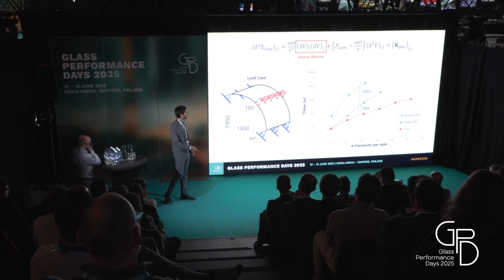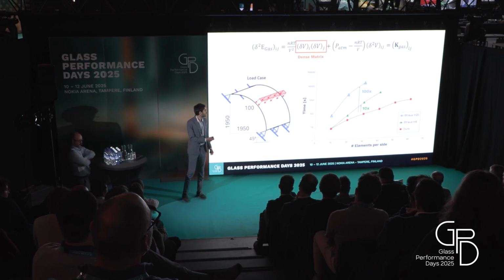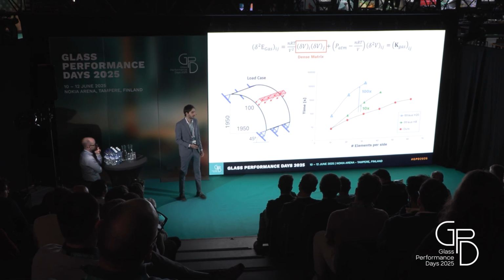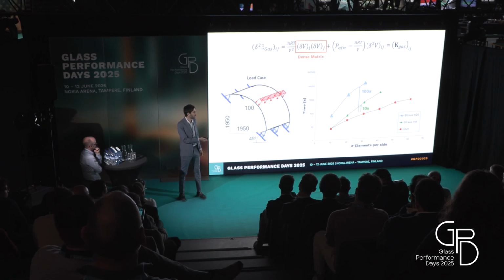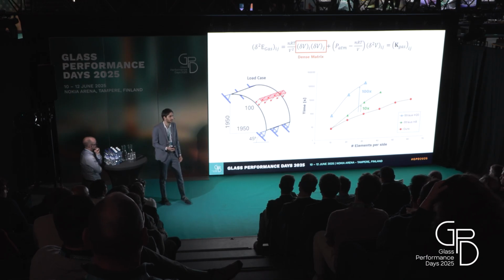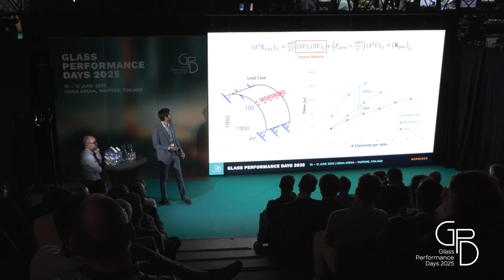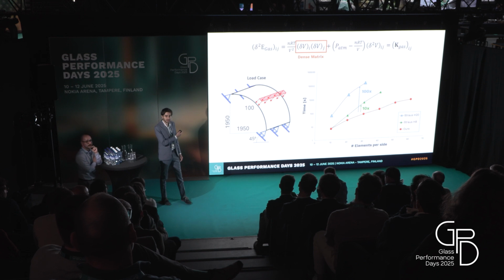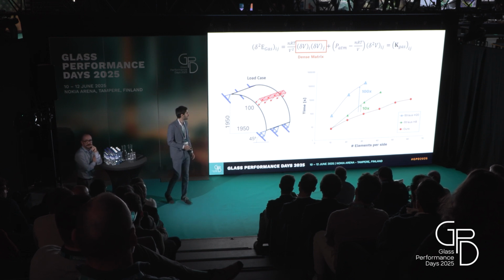And you see here that our code is 10 to 100 times faster than this commercially available software. This is because of our special treatment of the dense part of the cavity Hessian.